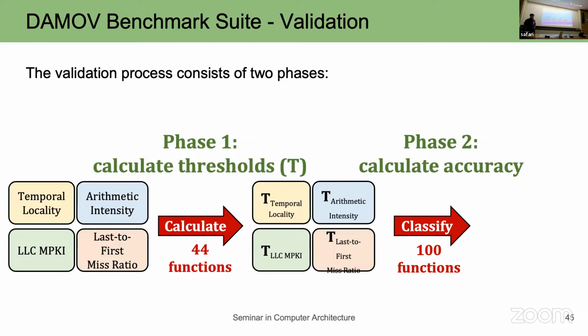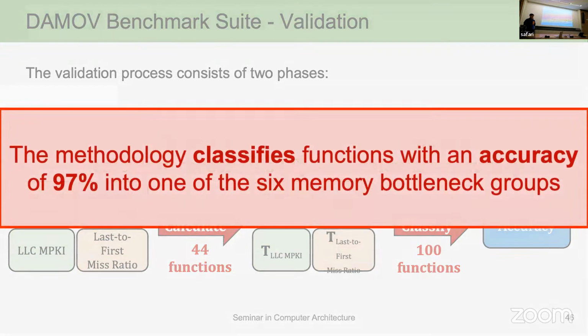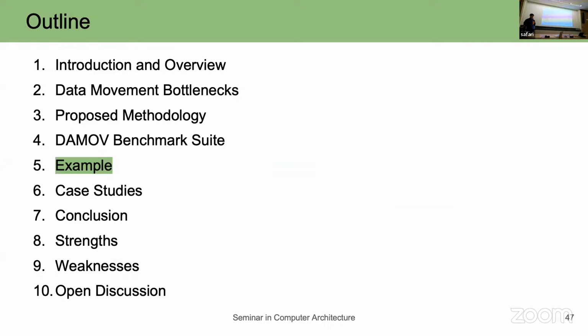And then in a second phase, we calculate the accuracy using the remaining 100 functions, which gives us the accuracy to classifying functions in their respective data movement bottlenecks. It's found that the methodology classifies functions with an accuracy of 97% into one of the 6 memory bottleneck groups. And now we'll go over an example.